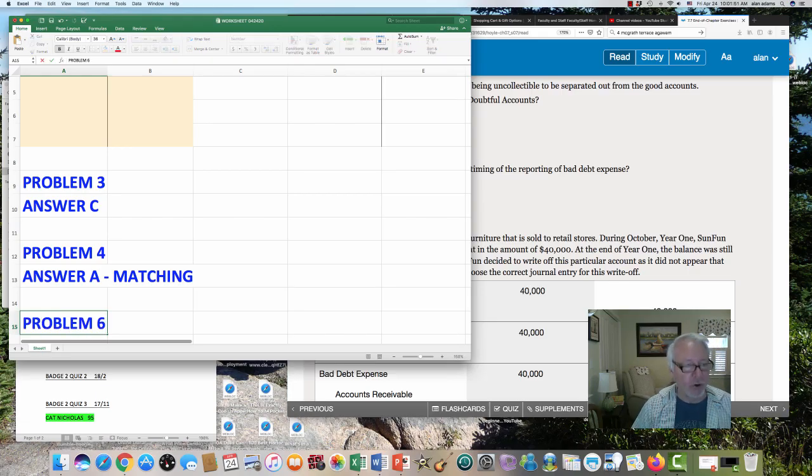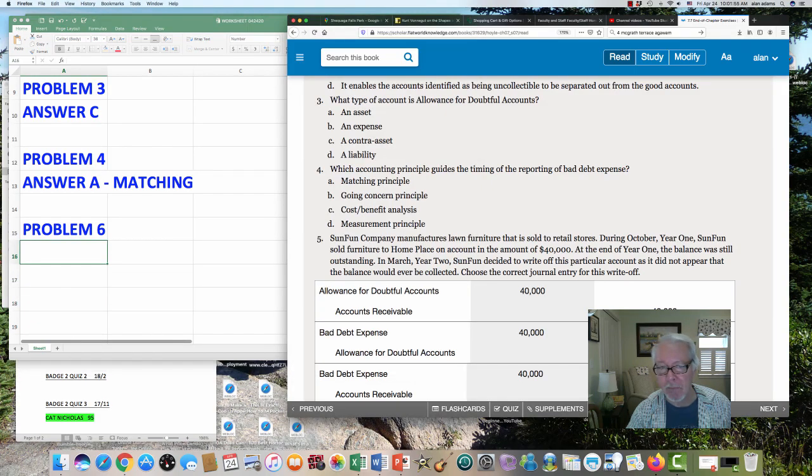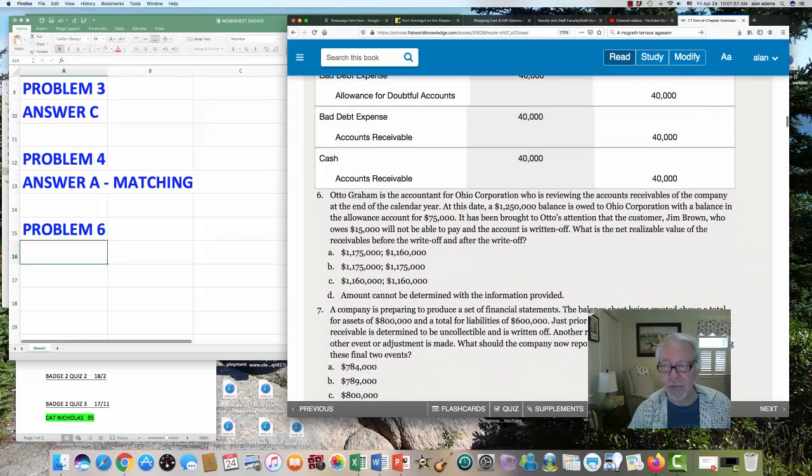The next one I asked you to try, I'm going pretty fast here, but you can get back to me anytime with questions. I asked you to try number 6. We have an accountant who's looking at his receivables at the end of the year. At the end of that year, as he's closing up his accounts, we have receivables of $1,250,000, and the little bucket, the contra account, the allowance account, has a credit balance of $75,000.